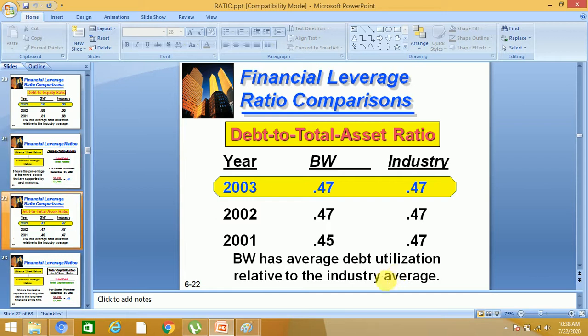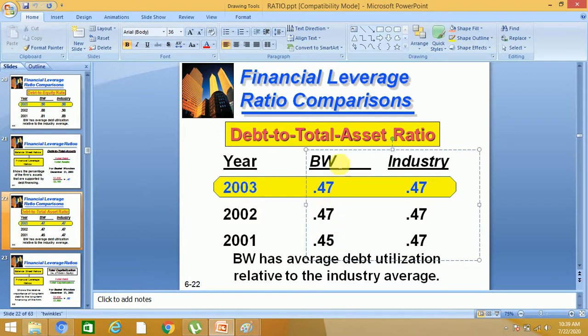Now we will check the debt to total asset ratio. This is year 2003, 2002, 2001. This is Basket Wonders. In 2001 it was 45%, 2002 it becomes 47%, and 2003 it becomes 47%.